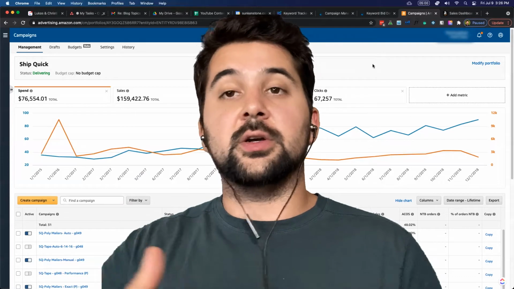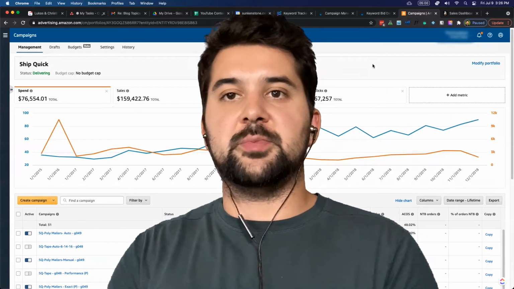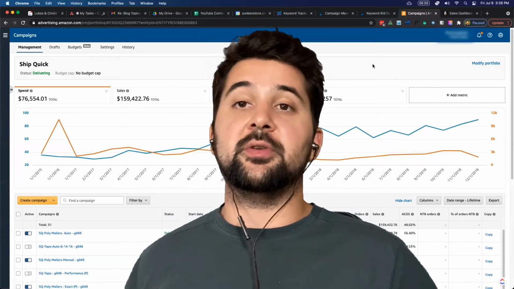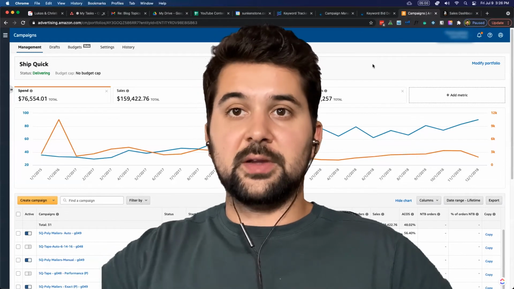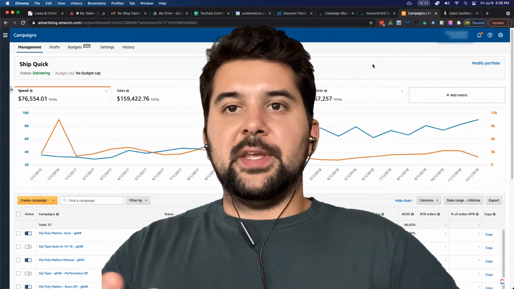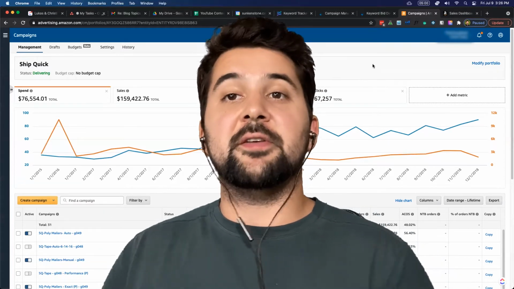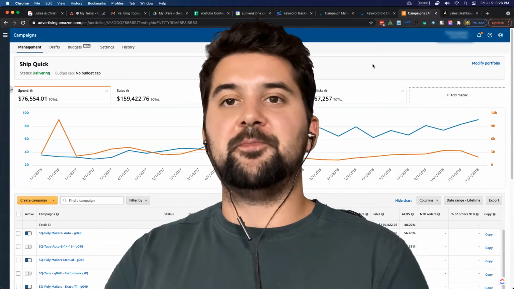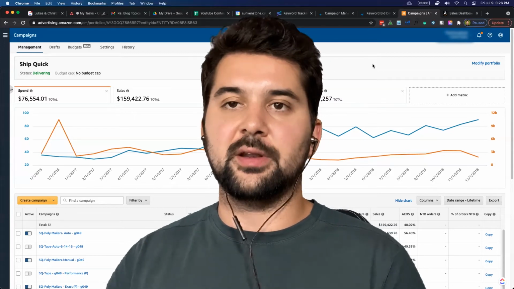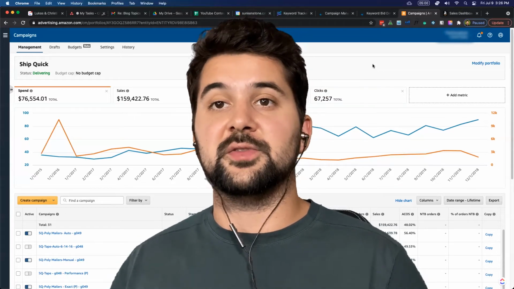A good assumption is anytime you inject spend into an account, so you're spending $2,000 now, you want to spend $4,000, roughly, that's probably going to come at about a 100% ACoS. Even if your current ACoS is 50%, an extra $2,000 of spend is probably going to generate you $2,000 of sales.